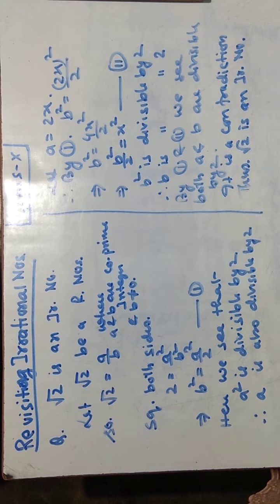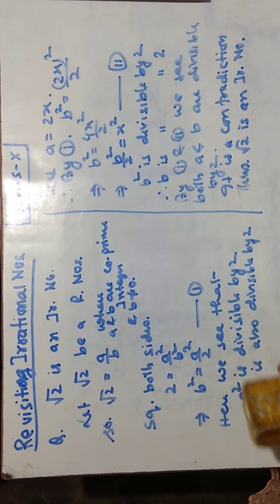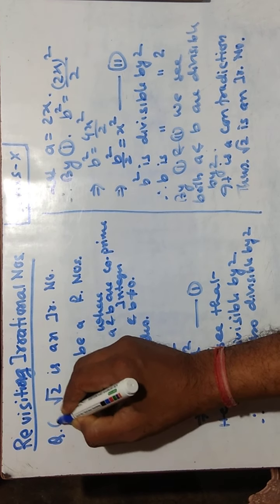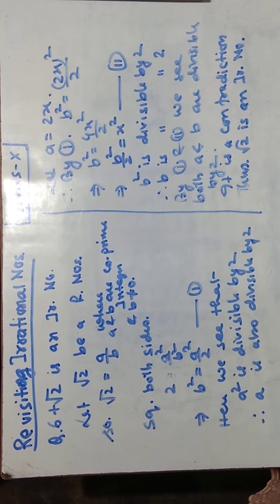Now let's start with another example from exercise 1.3: prove that 6 plus root 2 is an irrational number. How do we prove that?